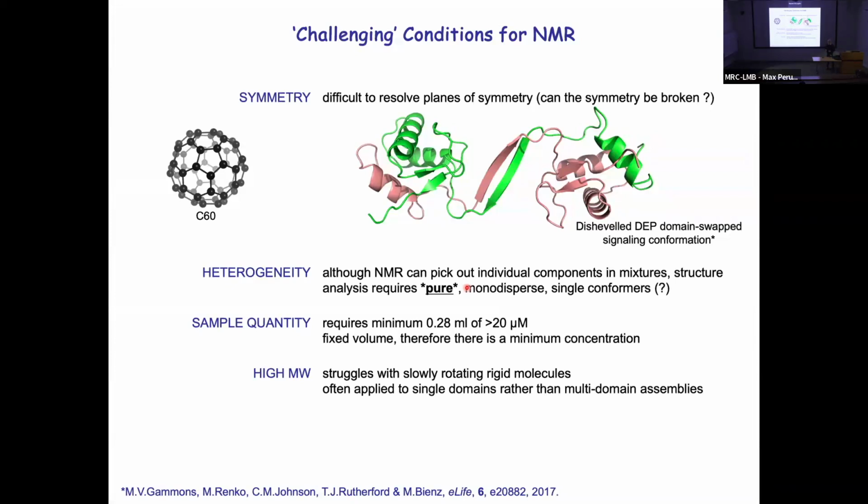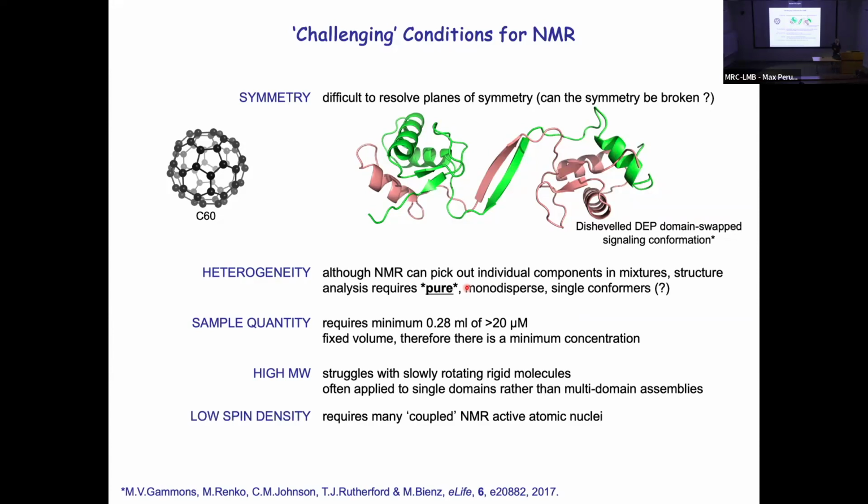So we have effective molecular weight limits. We cannot look at large multi-domain proteins by NMR. They're too large for the technique. We can look at isolated individual domains. So we tend to look on the smaller side and deconstruct and then build up pictures from there.